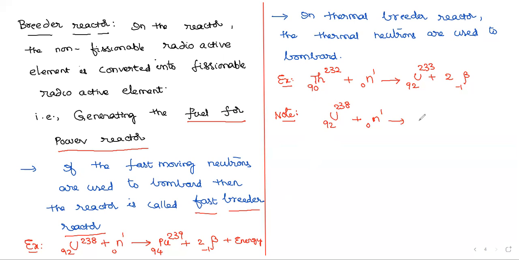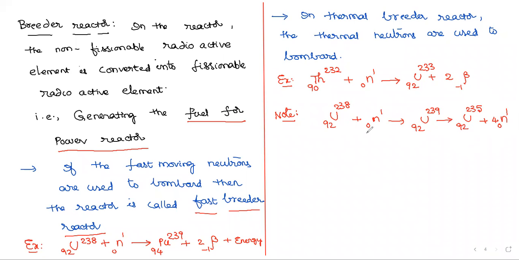Of course it is converted immediately into uranium-92-239, but very quickly it disintegrates into uranium-92-235, additionally releasing four neutrons to balance the reaction. So here you sometimes get uranium-235 also.